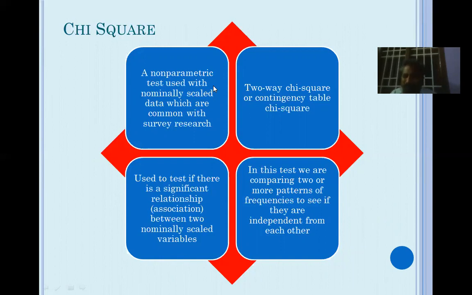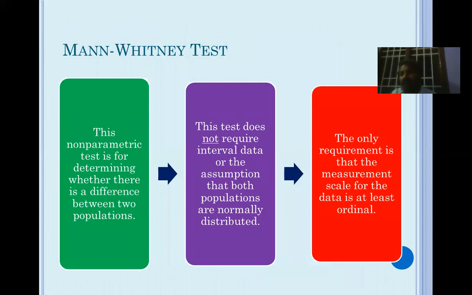If you want to check the association between these two variables, you can go for chi-squared, because boys and girls, the two groups, are nominal data. Whether they want a science group, commerce group or humanities group, once again it is nominal data. So when you want to compare two nominal variables, or two ordinal variables, or one nominal and one ordinal, you can go for chi-squared. Then comes the Mann-Whitney test.